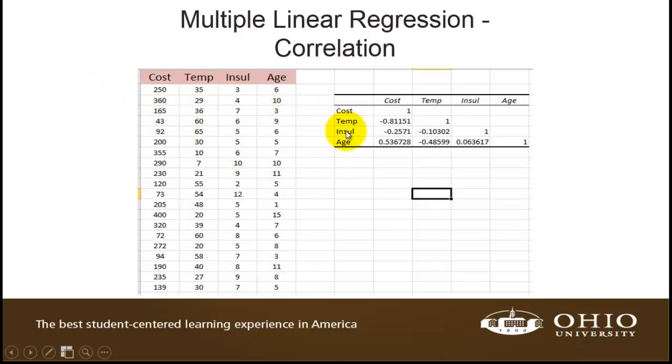Also, the relationship between insulation and cost is inverse, which means the more insulation you have, the less your cost is. But the relationship between the age of the furnace and cost is a direct relationship, which tells us the older the furnace, the more the cost of heating.